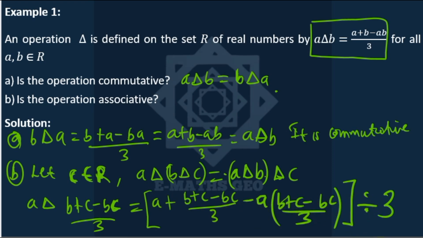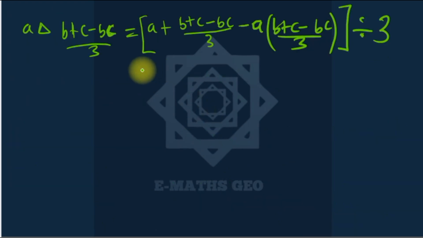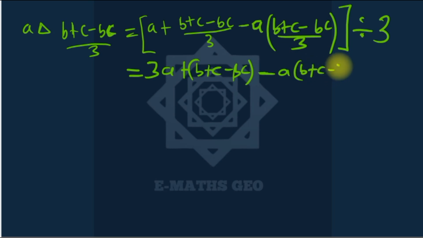Let's move to the other page. Multiply both the numerator and the denominator by 3. So 3 times a is 3a, 3 times this is b plus c minus bc, minus 3 times this is a bracket b plus c minus bc, and 3 times 3 is 9, that's over 9.